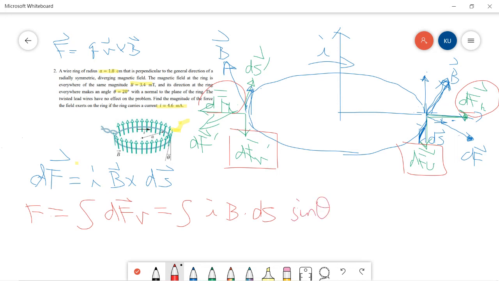So let's check. dF vertical should come from B cross ds, and it should come from this component.